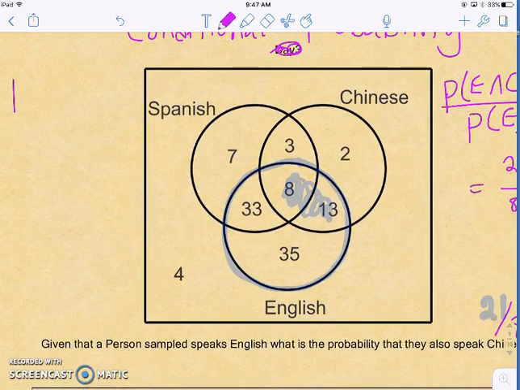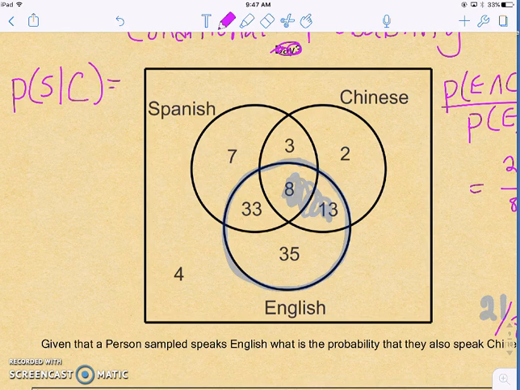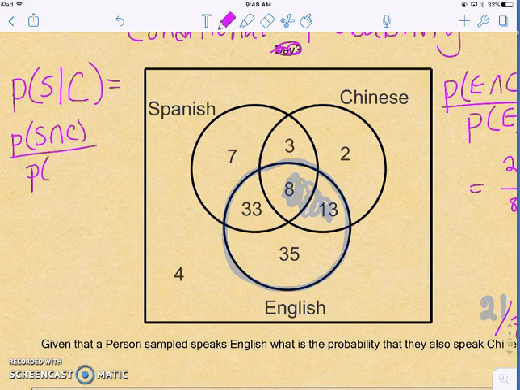So let's take a look at here. What is the probability that you speak Spanish given you speak Chinese? So according to our definition, it's the probability of Spanish and Chinese over the probability that you speak Chinese.